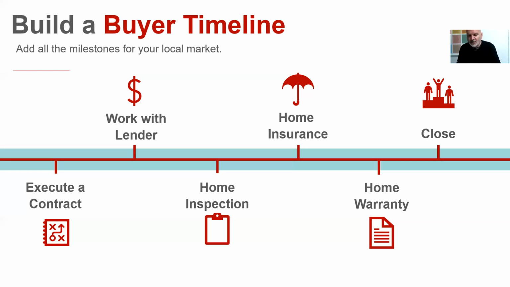Okay, so while we are doing our inspections, the lender is qualifying the buyer and qualifying the property. There are two entities that have to be qualified in this loan.